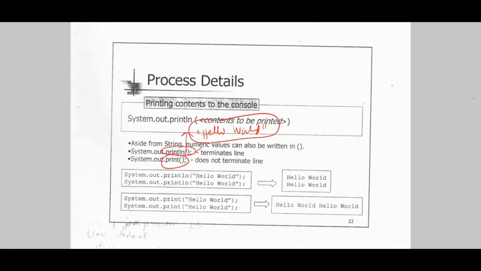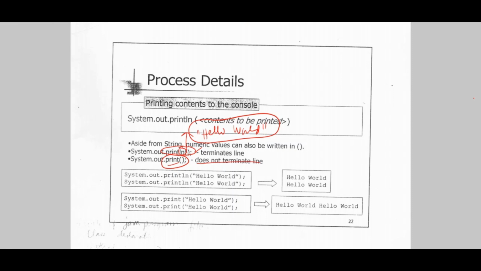After this string is displayed on the screen as output, the cursor will move to the next line because this is println. Okay? While if it is just print, not println, then it does not terminate the line. The succeeding print will display the output on the same line.